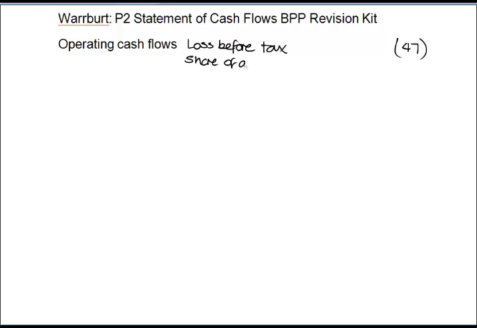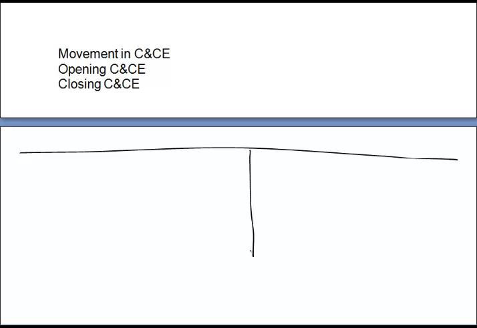So my share of associate, and the key here is to do the opposite to what you do in the income statement. In the income statement you add in the profit of the associate, so we're going to subtract it. And at the same time I'm going to open up some T accounts, the first of which is going to be for associates.